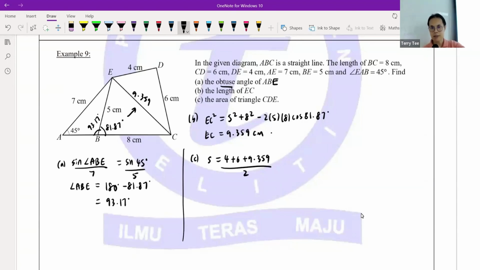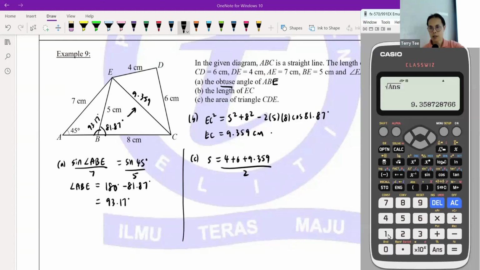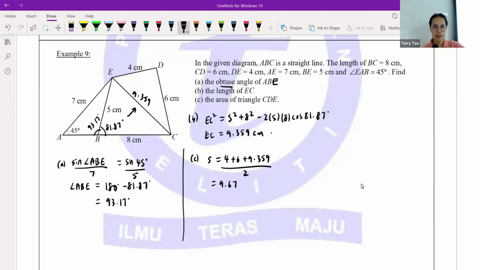So if you add this up, this is 10 plus 9.359, divided by 2. Maybe we use one more decimal point, 9.6795.